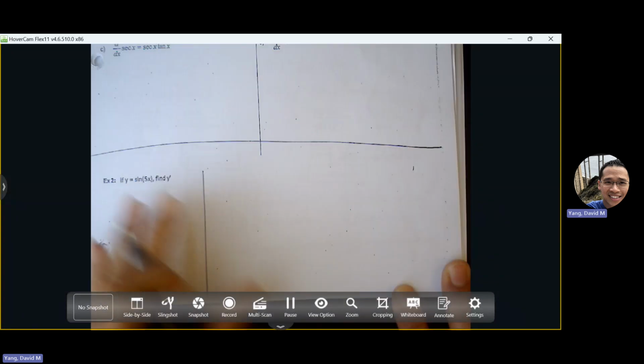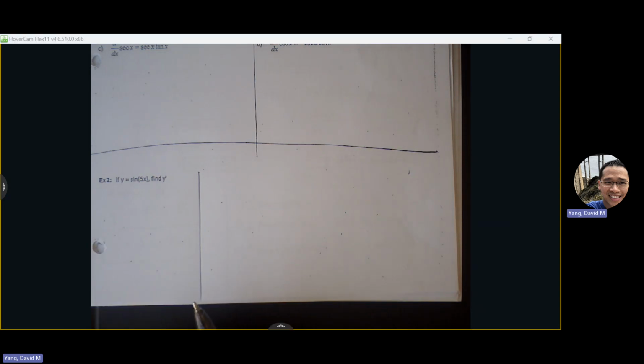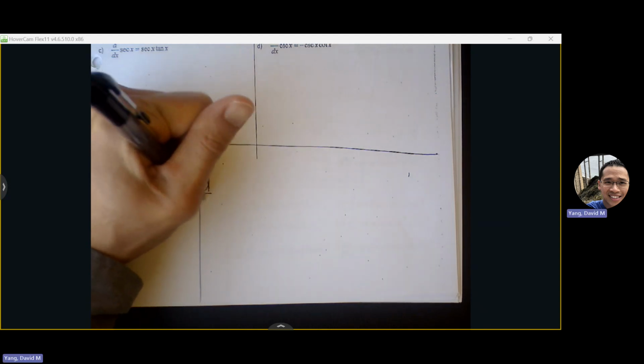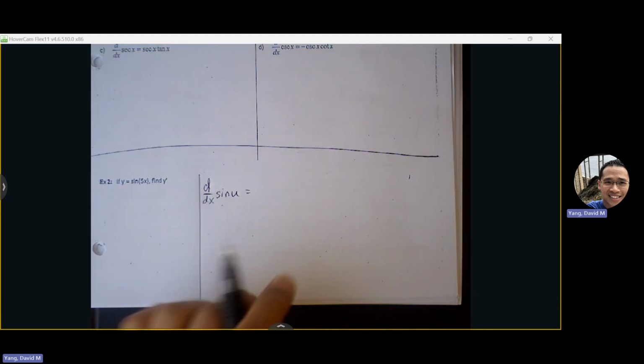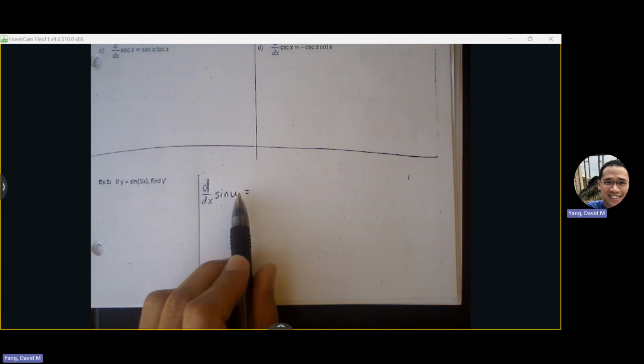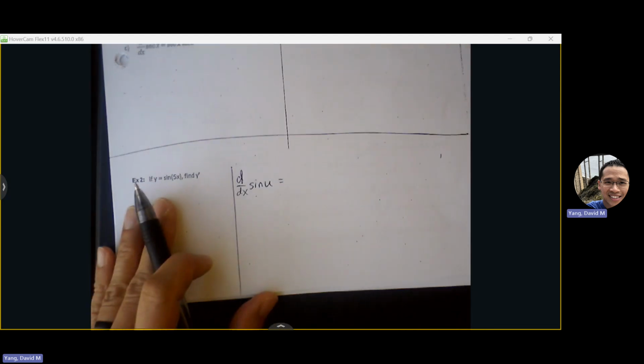So I want to show how I organize these 6 derivative rules. We're going to do 2 columns here. So we'll do derivative of sine of u. Also, we're going to start converting them into chain rule, so that we can always look for that u value, and there's always that u prime involved.